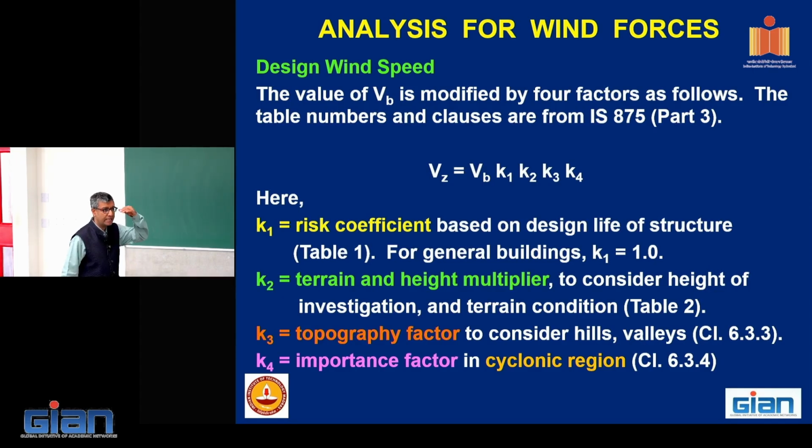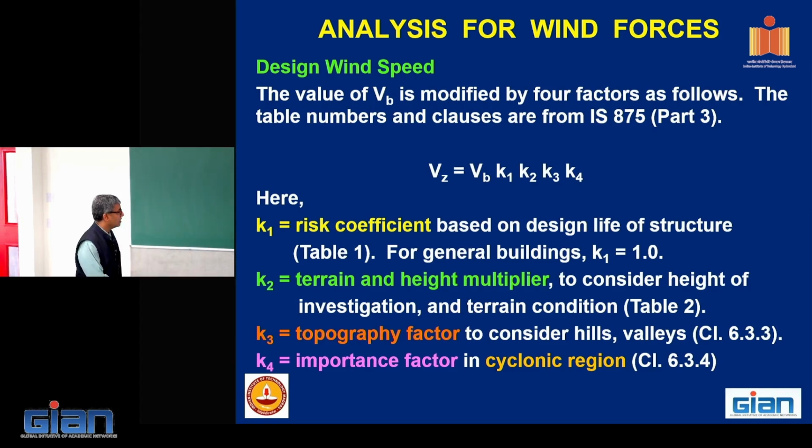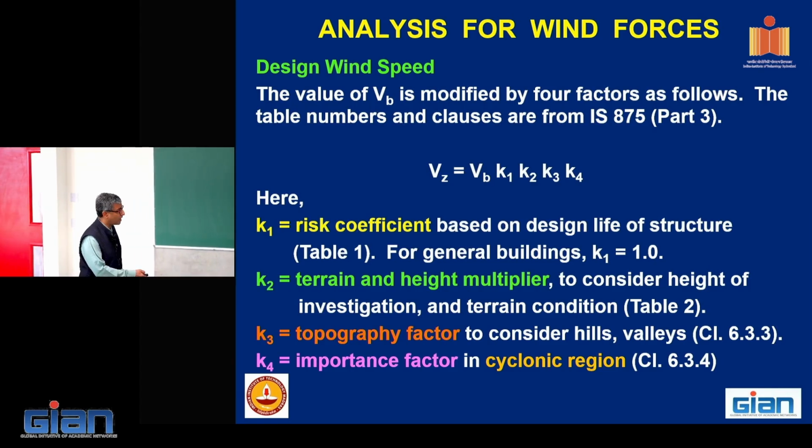That means, say if I'm in a valley region, say Araku Valley, which is a very nice place close by, then whatever happens in the valley and whatever is happening on the crest will be different. And K4 is an importance factor specifically applied for a cyclonic region.